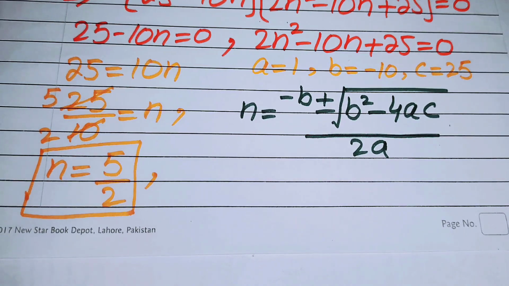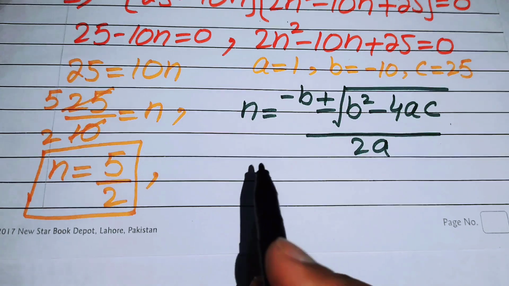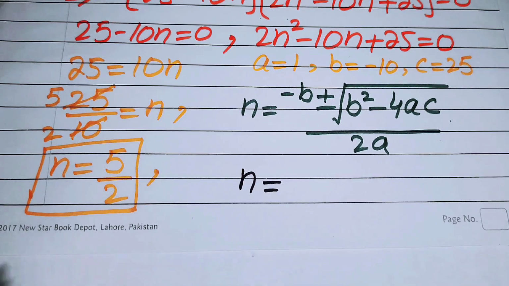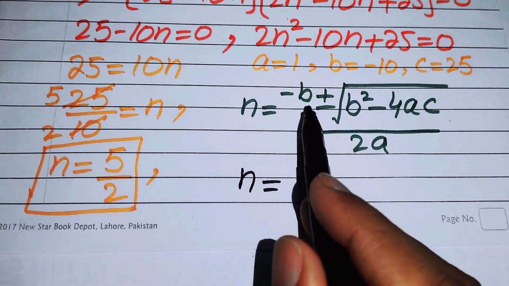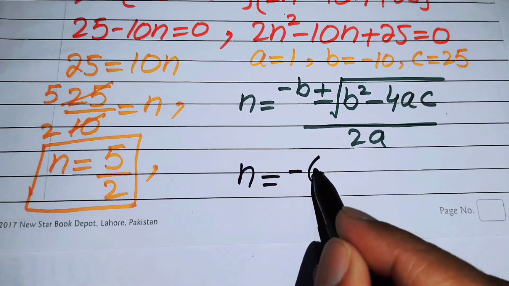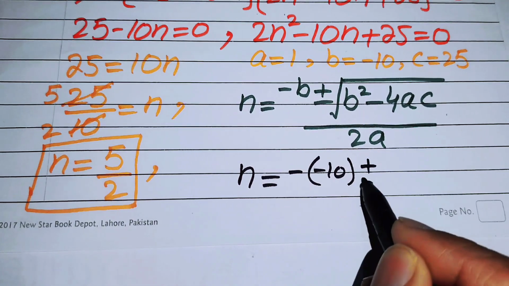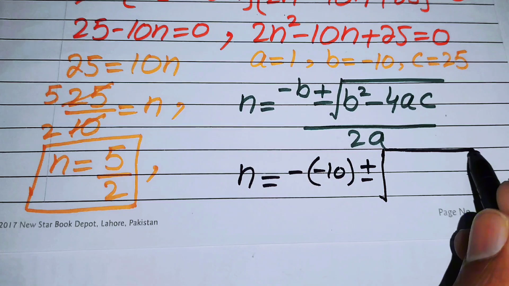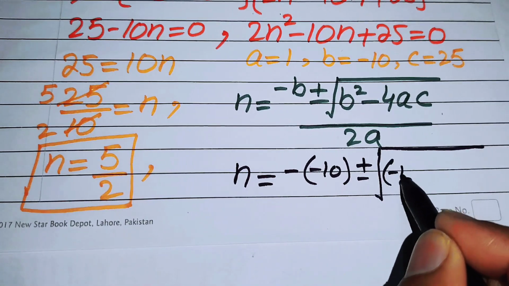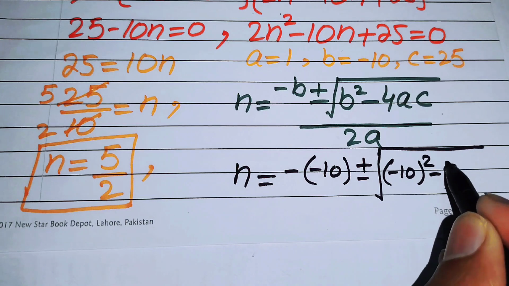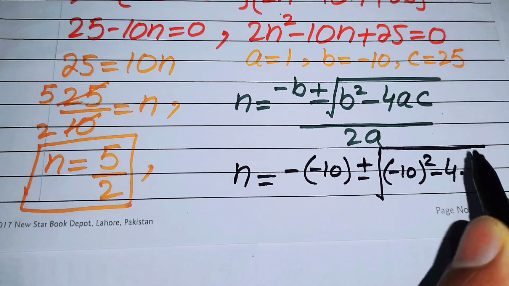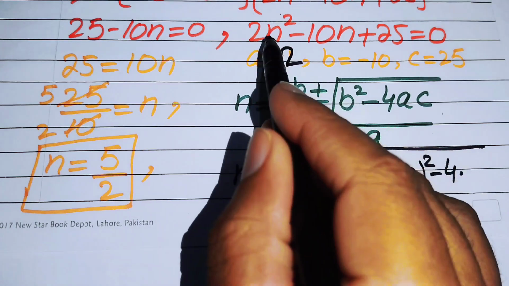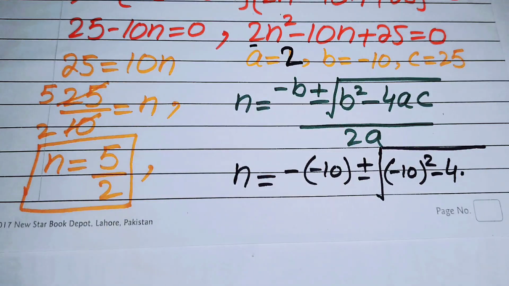So here I can put all the values of a, b and c in this formula, and you will get its output in this form: n equals minus b, so minus times minus 10, plus minus square root of b squared, and our b is minus 10 squared, minus 4 times a, sorry, here a is 2 because a is the coefficient of n squared, so it is 2.